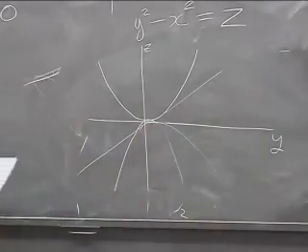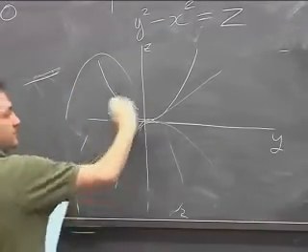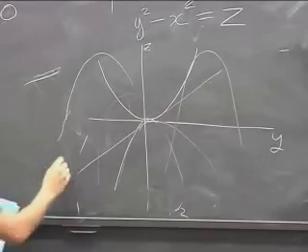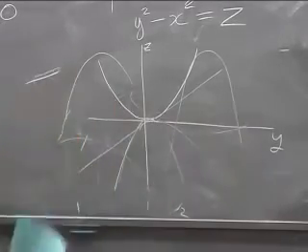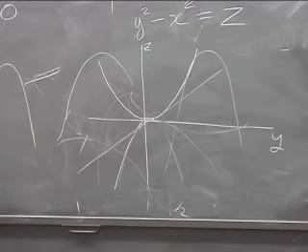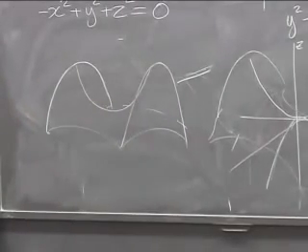And then the surface has parabolas along it that go down. But along this direction, they look like hyperbolas. Like that, without the axes.